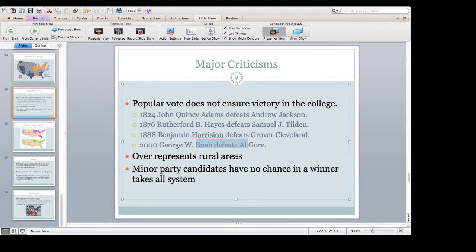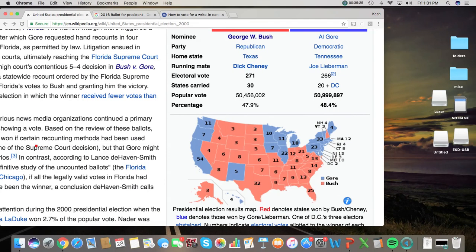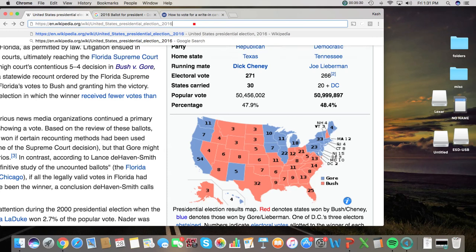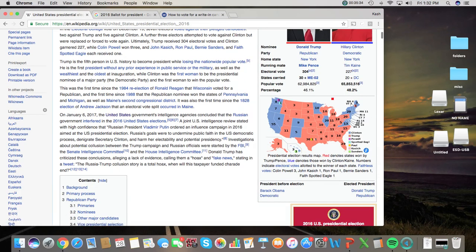What are some of the criticisms of the Electoral College? Well, let me tell you a little bit about the criticisms, and I guess even the advantages. Here is the map of the 2016 election again, right? Now, Texas.